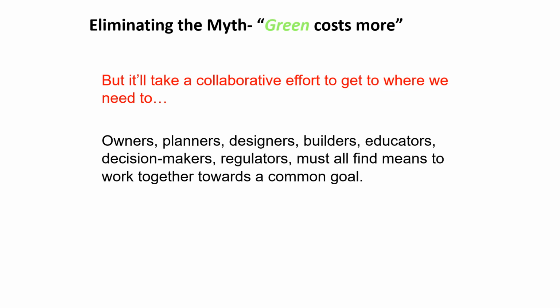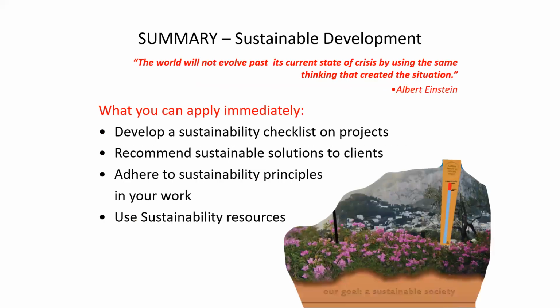One person cannot really solve this entire problem. You need to get people from different domains to really solve the problem. That's very, very important. So we talked about sustainable development, the sustainability checklist and all that.